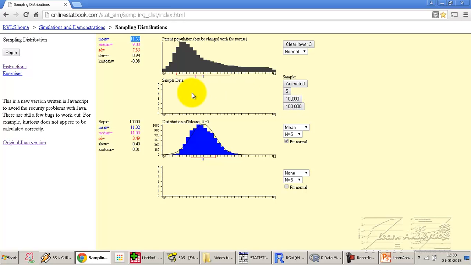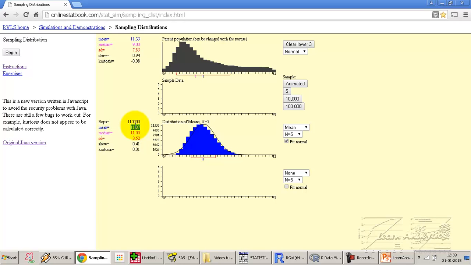Even though the population is very skewed, I see that the distribution is very close to a normal distribution. The mean that we are able to estimate from 10,000 samples is 11.32, whereas the actual is 11.35. It's very close. I go to 100,000 and I get it even closer. So 11.37, just 0.02 off.